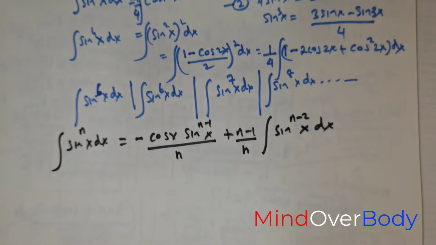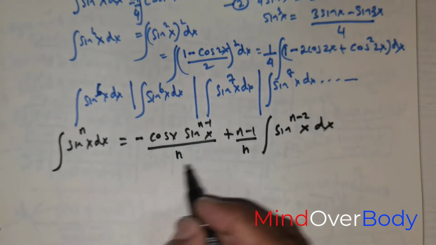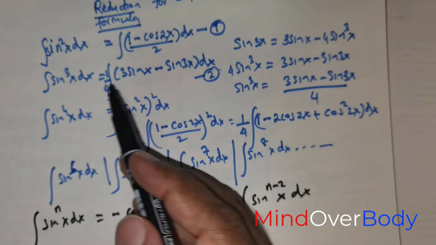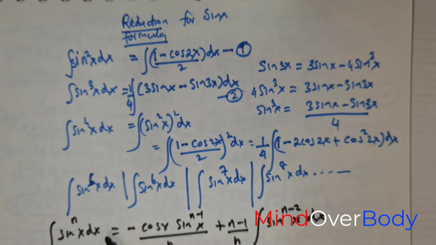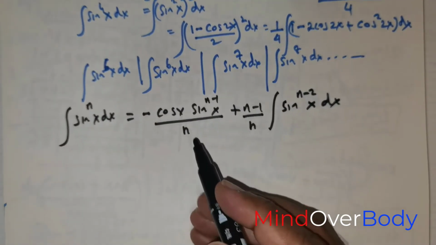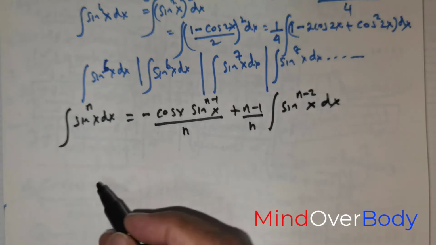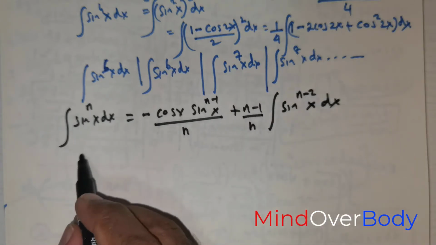Now I can clearly show you the output for this. In other words, by applying this formula we can get each of these cases. No matter what the value of n is, whether it's 5 or 6 or 7 or 8, we can obtain it.